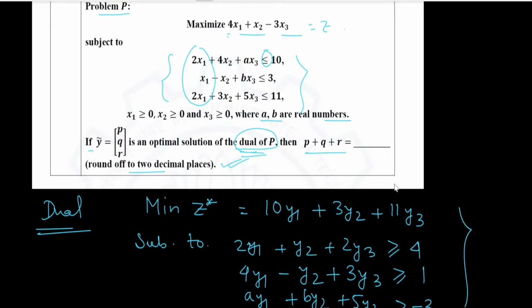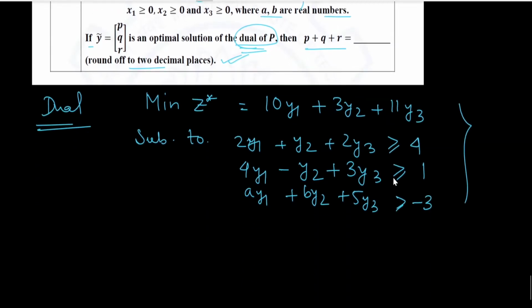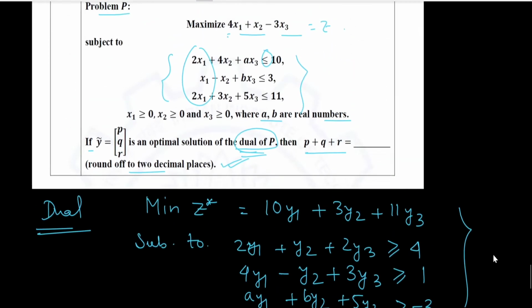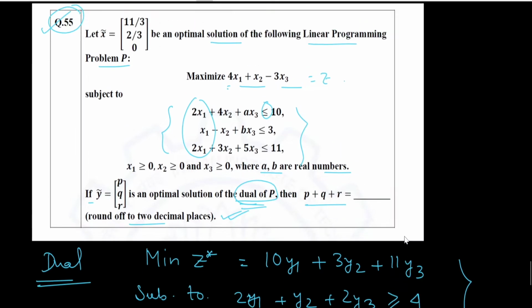So this is the dual of the primal problem, where y1, y2 and y3 satisfy the non-negativity condition. Here it is given that 11/3, 2/3 and 0 is a solution of this primal problem. That means x3 equals 0 here.